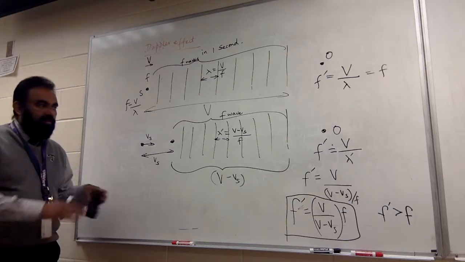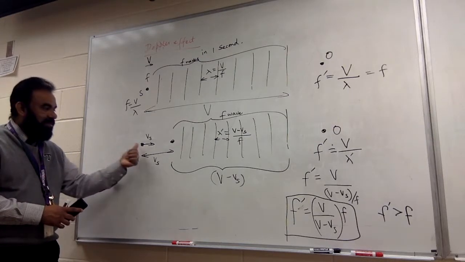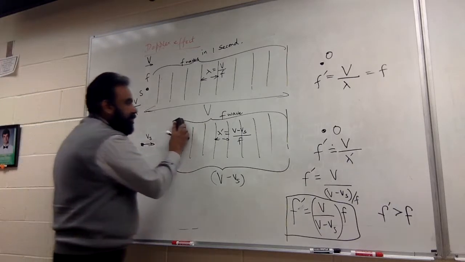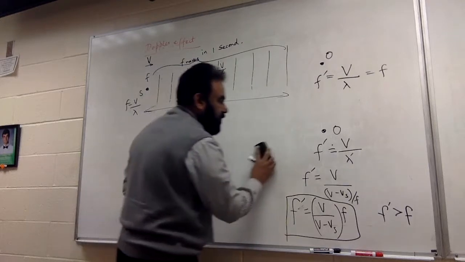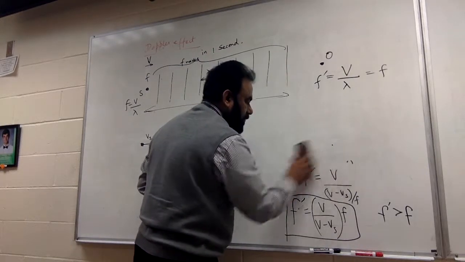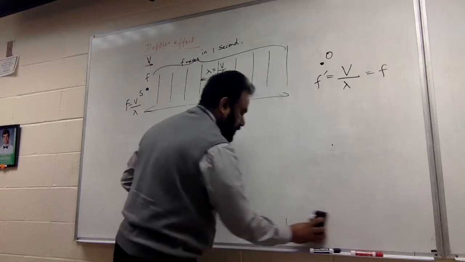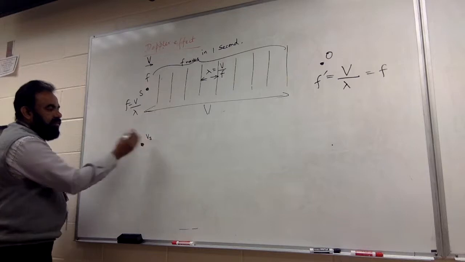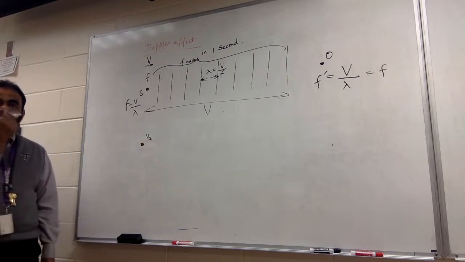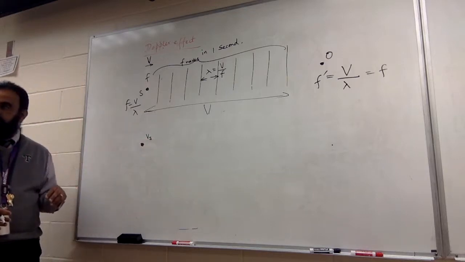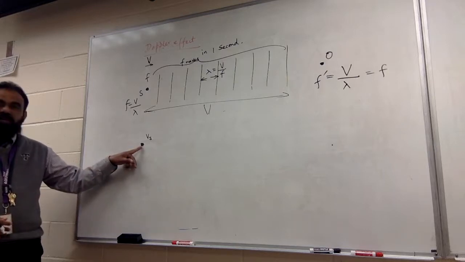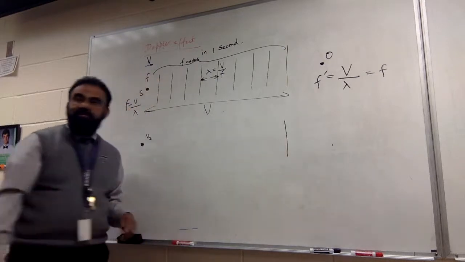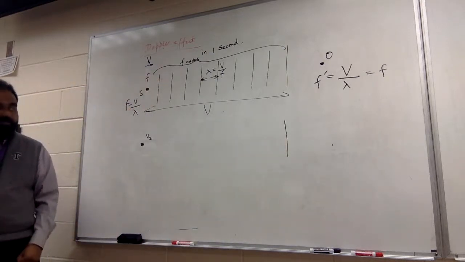Okay? Now I'm going to discuss what happens if this guy is going to go backward. So the source is here. He's producing energy which is going everywhere, right? How far has the first wave gone in 1 second? The first wave has gone there.